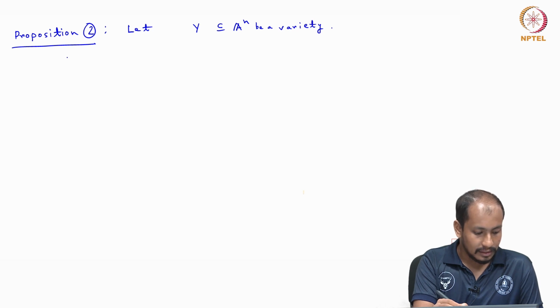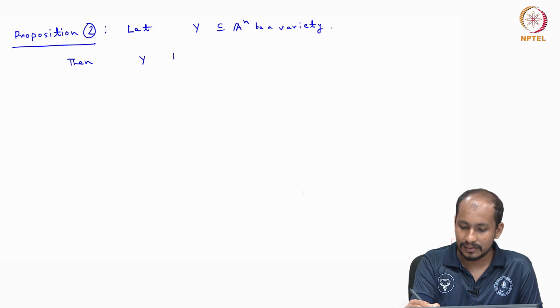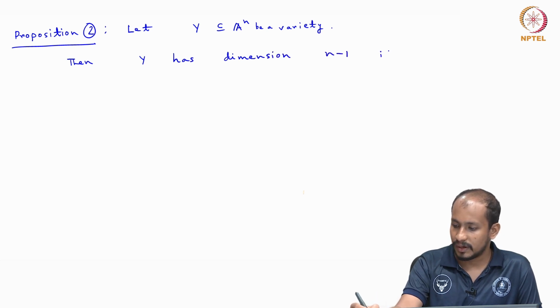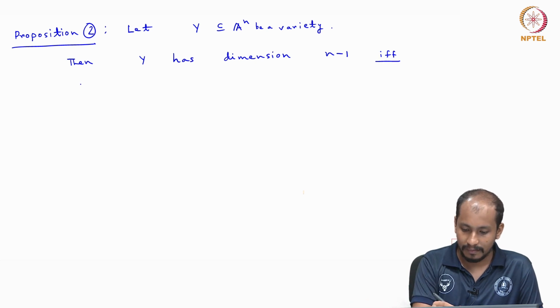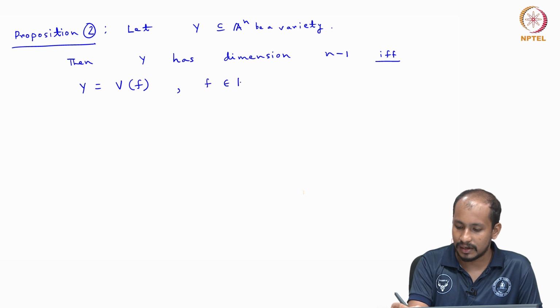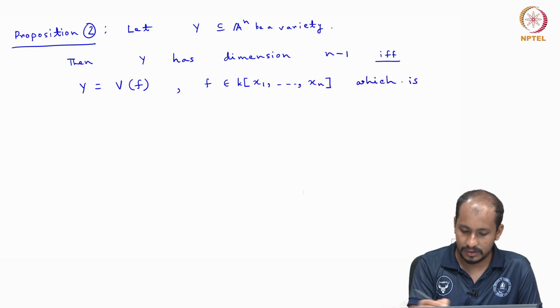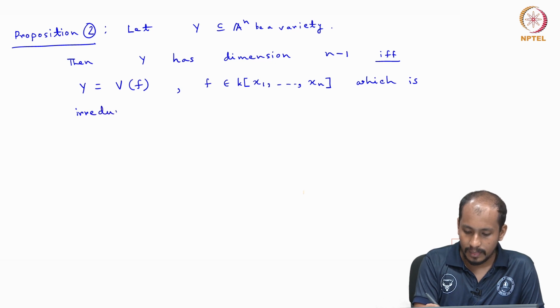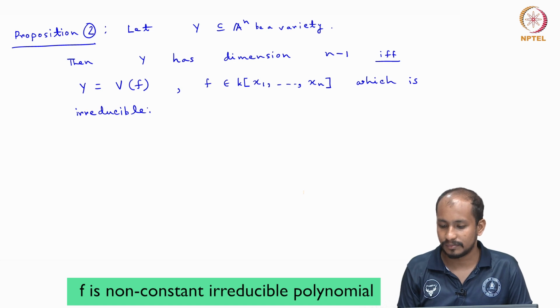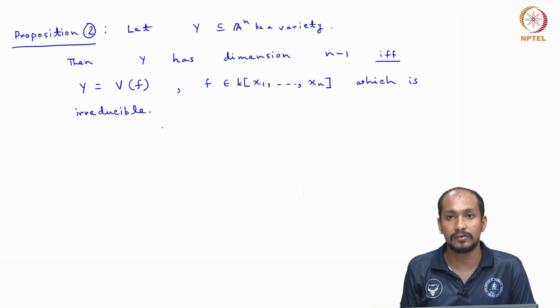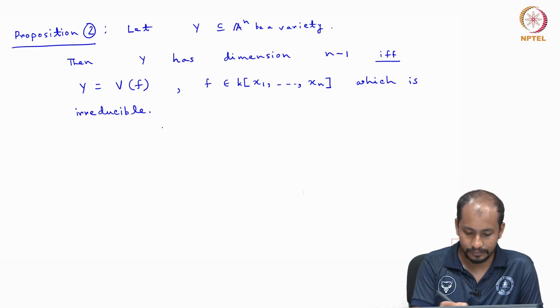Then Y has dimension n minus 1 if and only if Y can be written as V(f), the zero set of some polynomial f, where f is an irreducible polynomial in the polynomial ring k[x1, up to xn]. So, Y has dimension n minus 1 if and only if Y is the zero set of a single irreducible polynomial in n variables. Okay. Now, the proof.